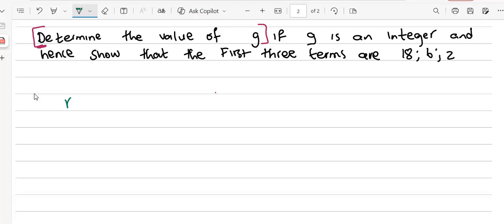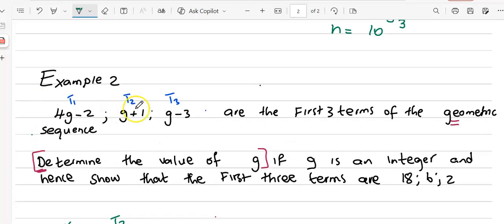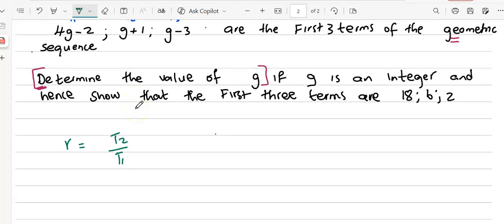So remember, r is equal to T2 over T1. But now when you are looking for a variable and it's a geometric sequence, please make sure that you take the T2 over T1, equate it to T3 over T2. I'm going to explain why you need to do that.